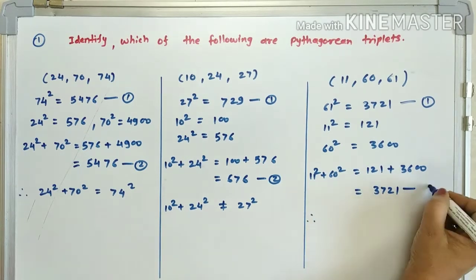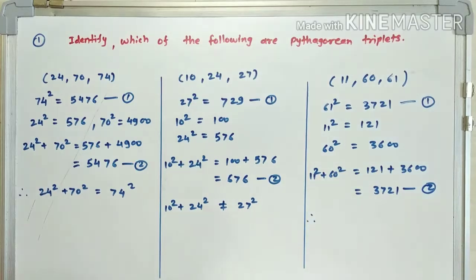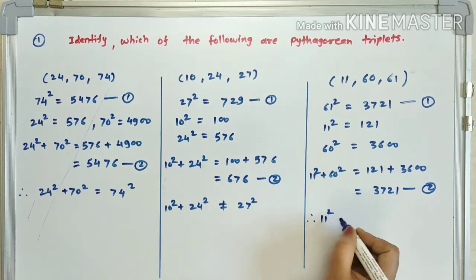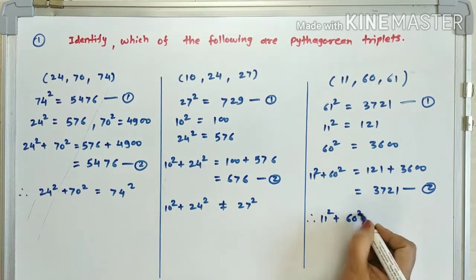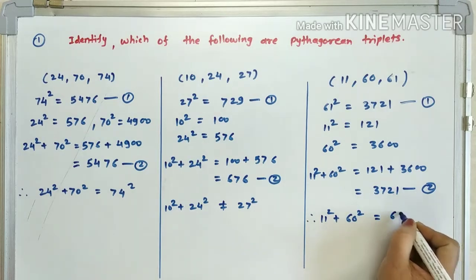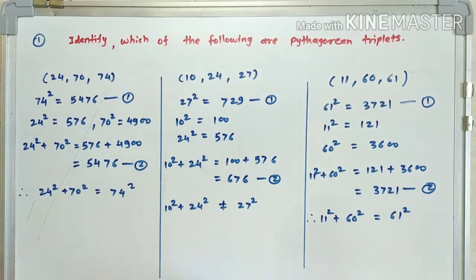Therefore these two values are similar. Therefore 11 square plus 60 square equals 61 square. The square of the largest number is equal to the sum of squares of the other two numbers. Therefore, this is a Pythagorean triplet.